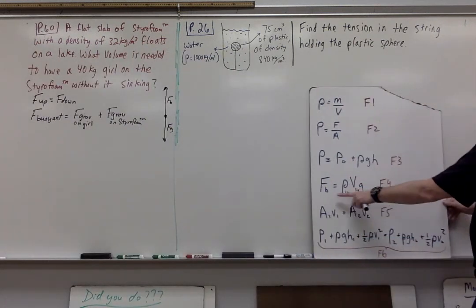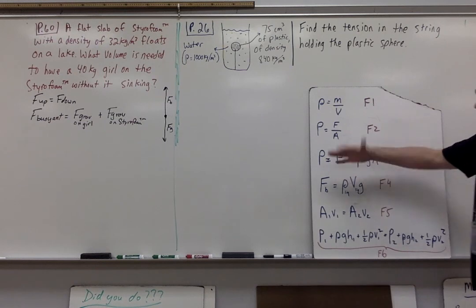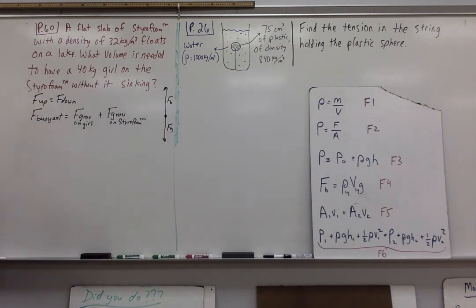we're going to go back to this. That's the volume of the liquid multiplied by the density of the liquid multiplied by g. That would equal the weight of the fluid that is displaced. So that's going to go over here, and it's a lake, so that's water.